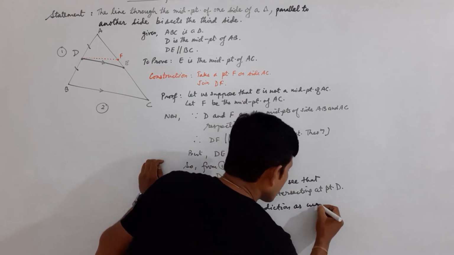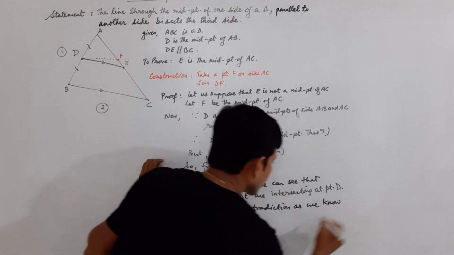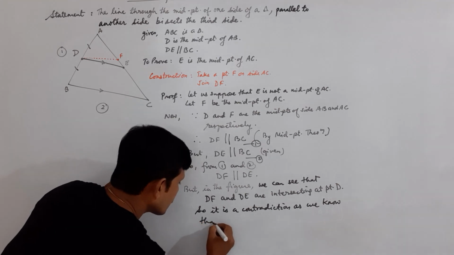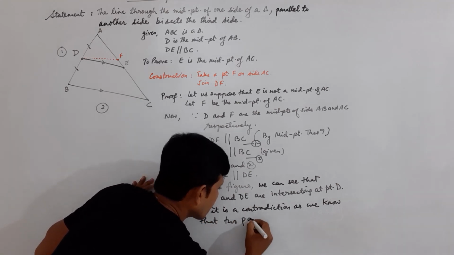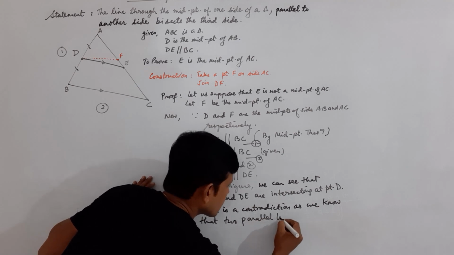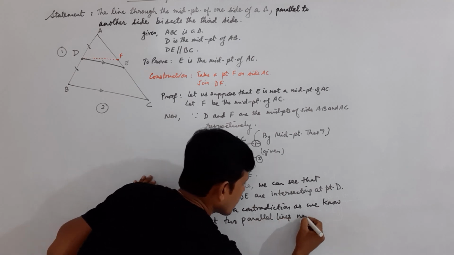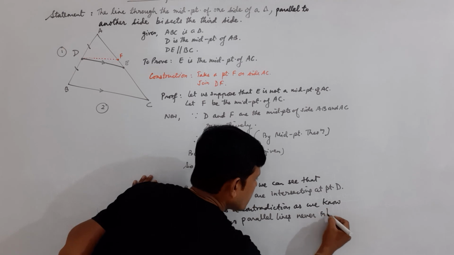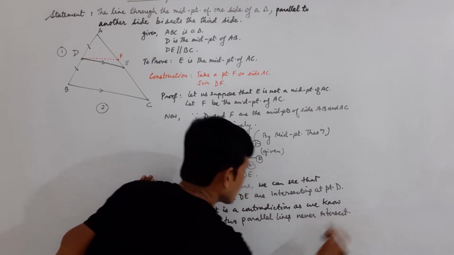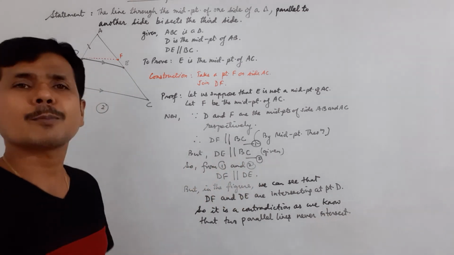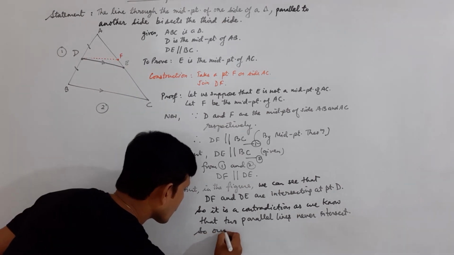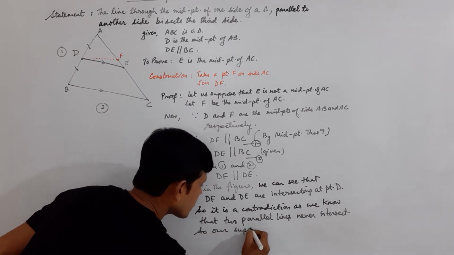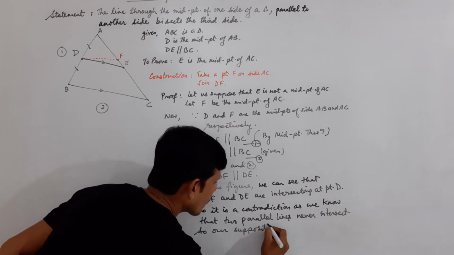Contradiction, as we know that two parallel lines never intersect. So our supposition is wrong.